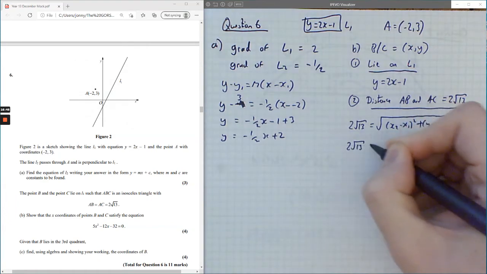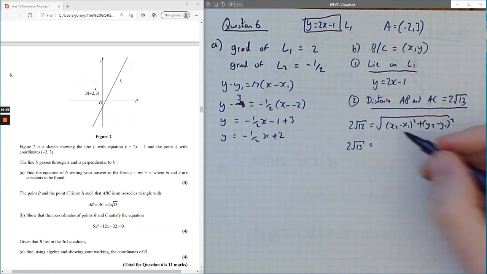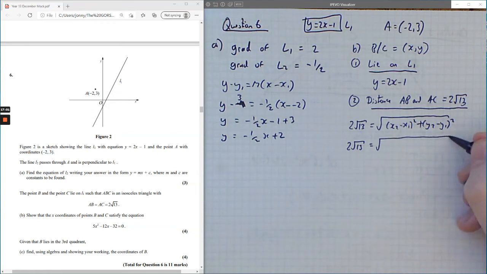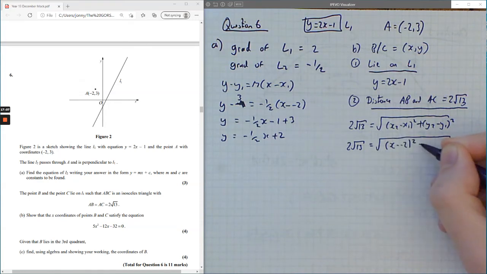It's between B and C and A. So B or C, that coordinate we're trying to find, is x and y. So we'll put x and y in for x2, y2, and the A coordinate, minus 2, 3, we'll put in for x1, y1. So this becomes x minus minus 2 squared plus y minus 3 squared.